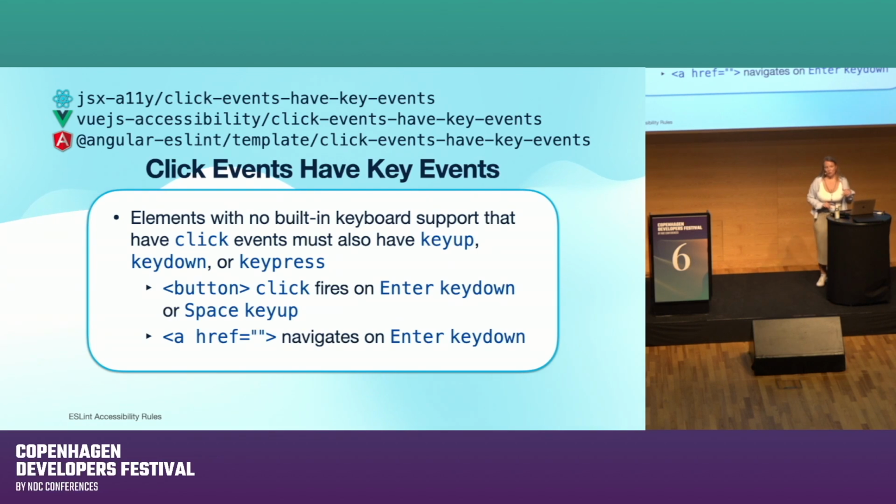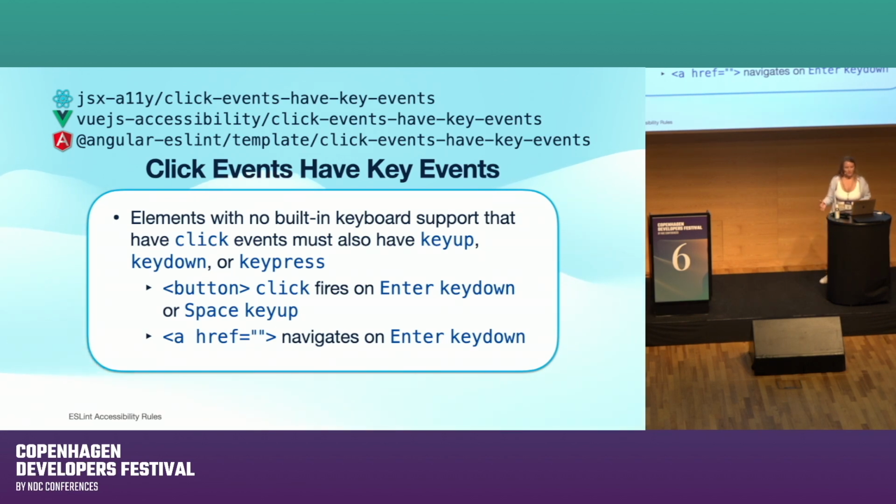Similarly, this rule looks for elements with click events without key events that do not otherwise have built-in keyboard support from the browser. HTML elements that support interaction have built-in keyboard support, like your button or your form controls. When a button has focus, it can be activated with the Enter or Space keys, same as clicking it with the mouse.